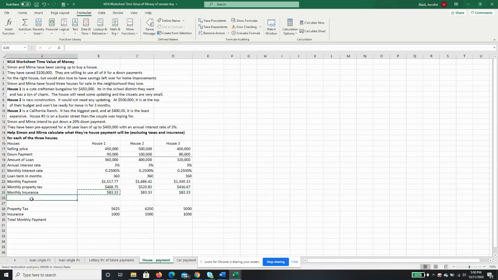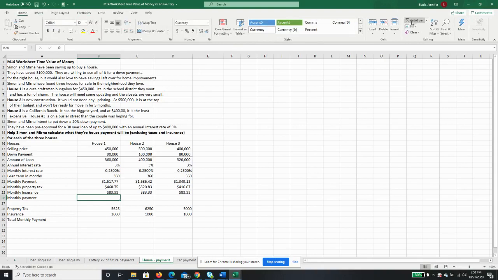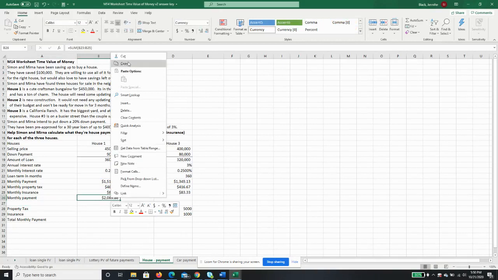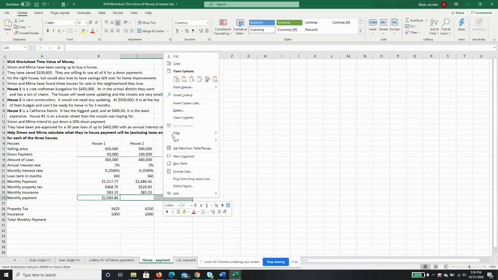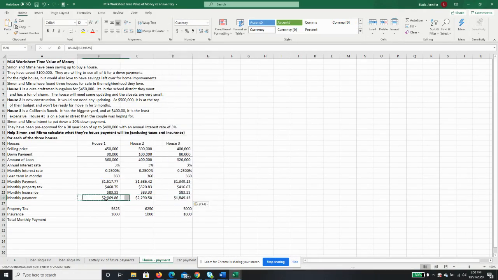Then my total monthly payment is going to be the sum of the principal and interest, plus the property tax, plus the monthly insurance. So for Simon and Myrna, house 1 would be $2,069.86.